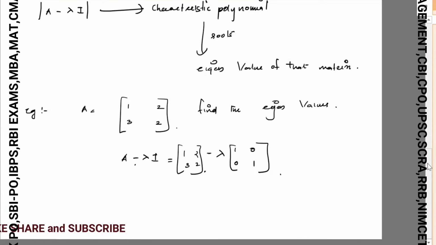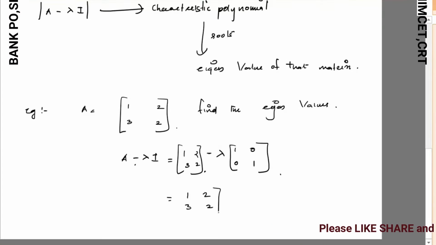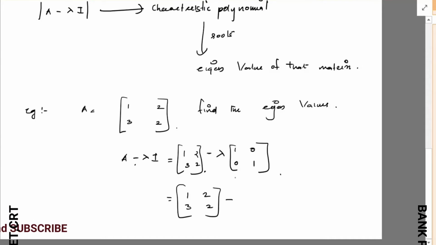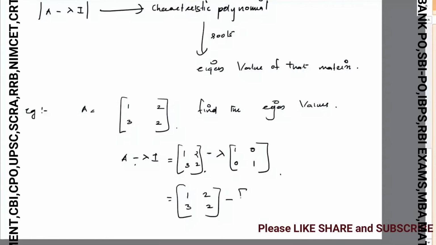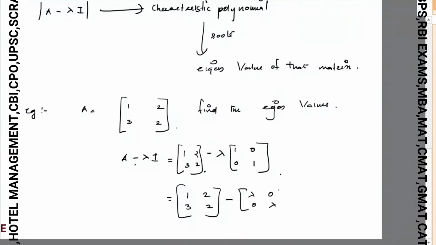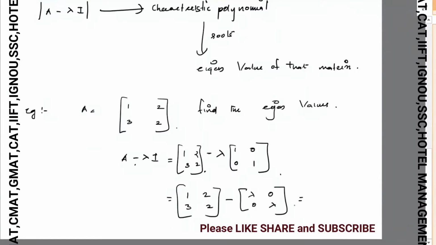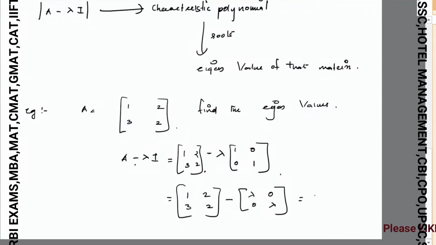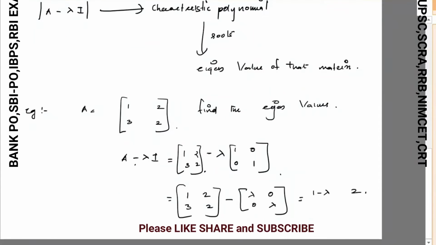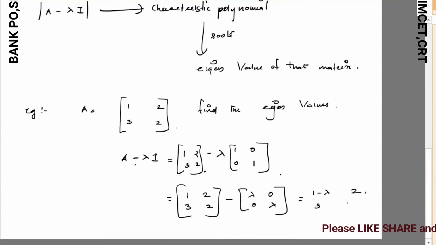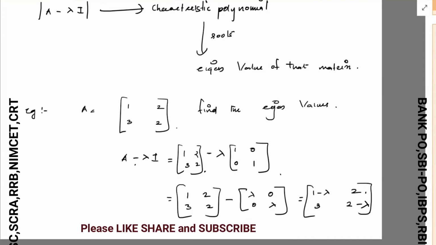So this will be equal to [1, 2; 3, 2] minus, you multiply lambda to every element in the identity matrix, that will be [lambda, 0; 0, lambda]. Now by subtracting, we get [1 minus lambda, 2; 3, 2 minus lambda].